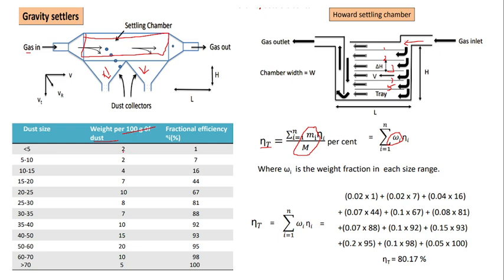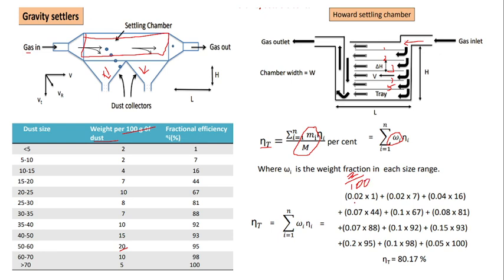So this is 2 out of 100, the 10 to 15 micron particles are 4 out of 100, and the 50 to 60 micron particles are 20 out of 100. This is called the weight fraction. In this way it is calculated as 0.02, which is nothing but 2 out of 100.